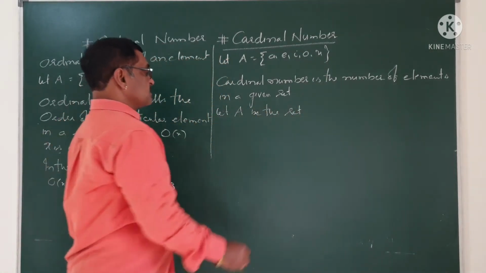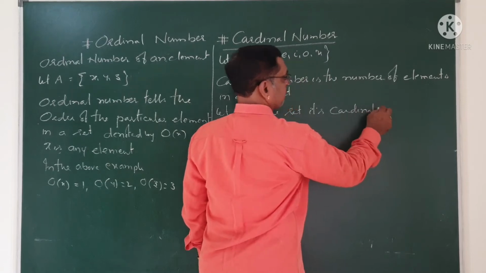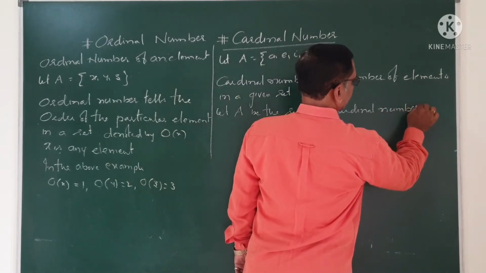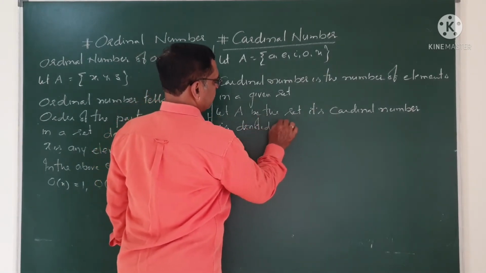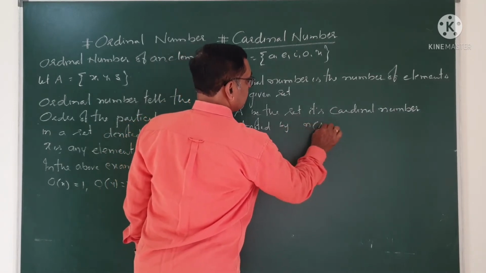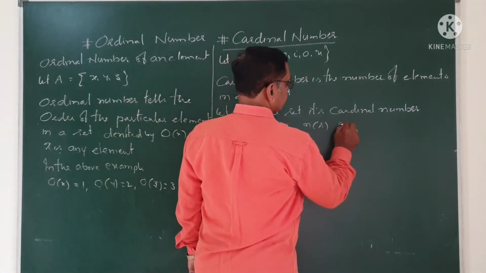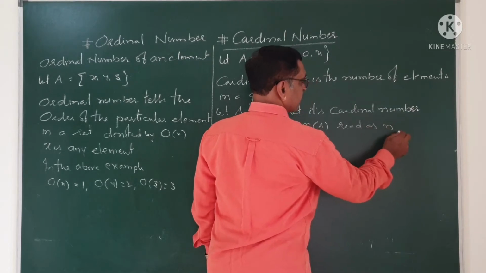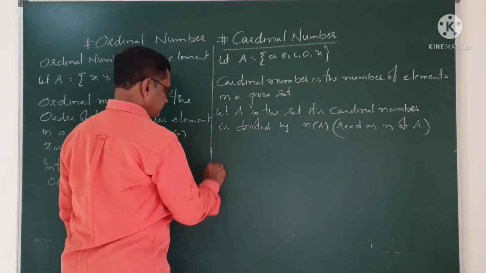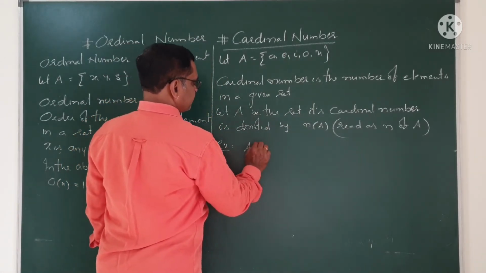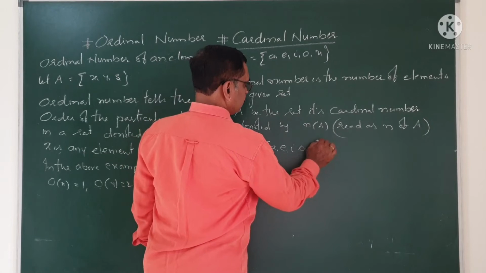Its cardinal number is denoted by n of A. For example, A is equal to {a, e, i, o, u}.